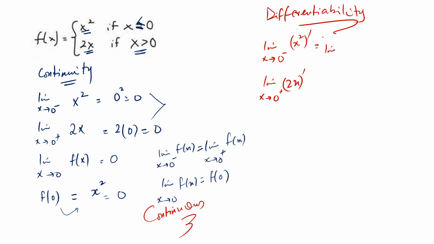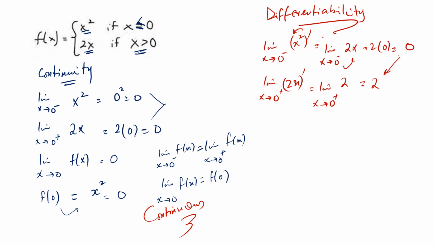If I take the derivative of the function describing the left side, it will be 2x. And from the right side, the derivative of 2x is 2. If I apply the limit, I will get 0, and in the second one, the answer is 2.